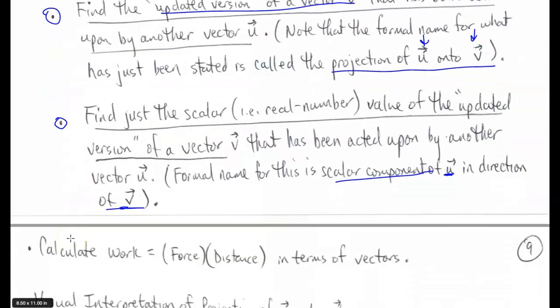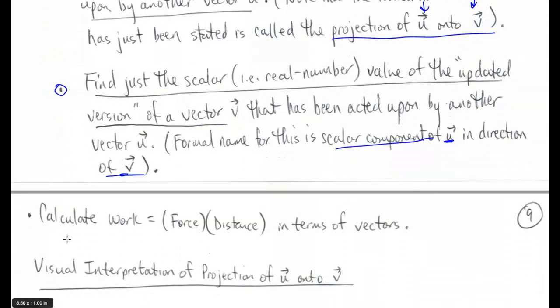The last common example that I'll go over here is the concept of work. And of course, if you've been in any physics course or any course where you've had to calculate work, then we know that work is just force times distance.